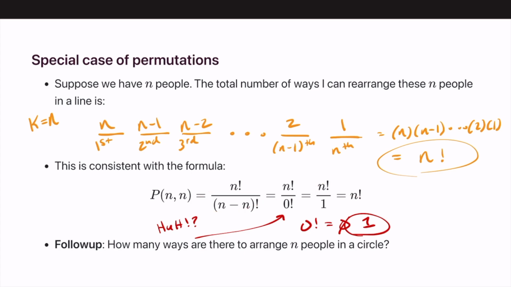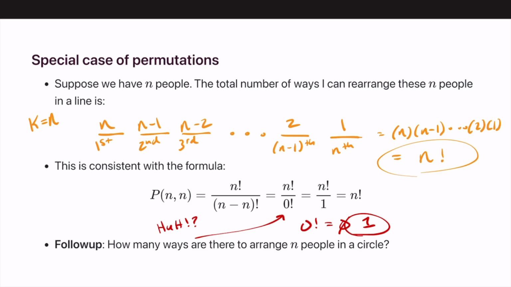You can't divide by 0. So here we have n factorial over n minus n factorial, because we just replaced k with n. N minus n is 0, but 0 factorial is 1. So n factorial over 1 is just equal to n factorial. So this is how we deal with these special cases of permutations.